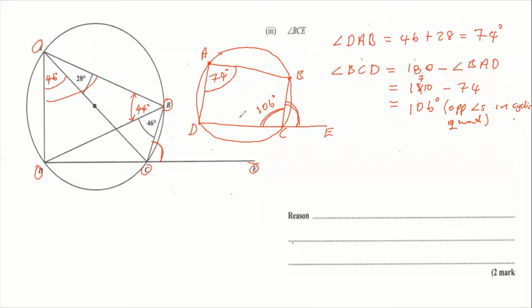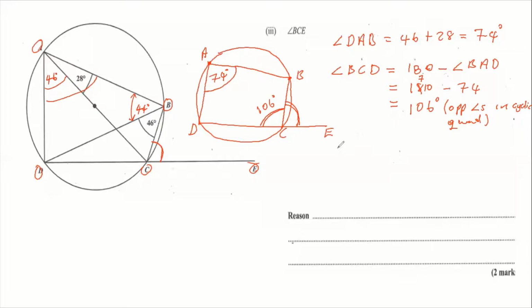In the question, they tell us that DCE lies on a straight line, so we can use that now. Angles on a straight line measure what? Angles on a straight line measure 180 degrees. So if we know that these two angles lie on a straight line, then we can easily determine the angle that they ask us to find.